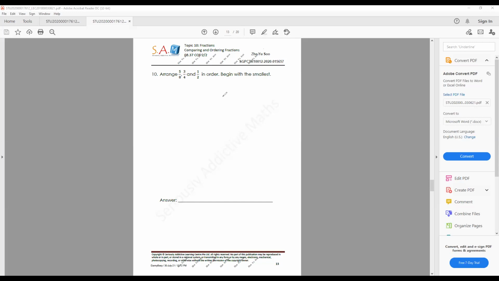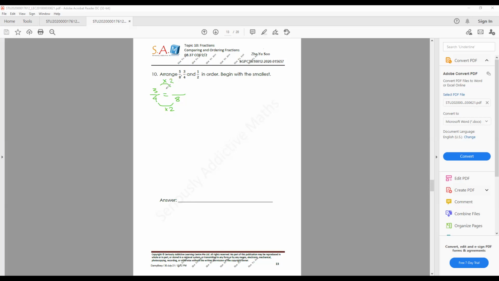Okay, so earlier I gave you the hint. Let's compare 5 out of 8 and 3/4, which is smaller. So I need to convert 3/4 into an equivalent fraction with denominator 8. That means the denominator of 4 needs to become 8, so times 2, times 2.